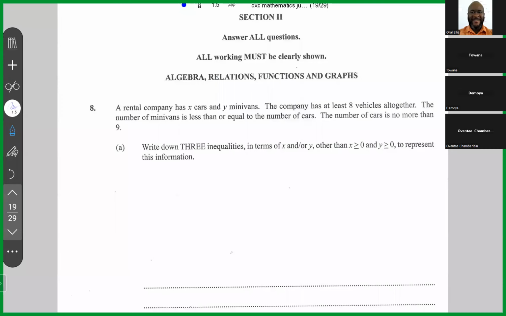All right, so question number 8 says a rental company has X cars and Y minivans. X is the number of cars, and Y is the number of minivans.